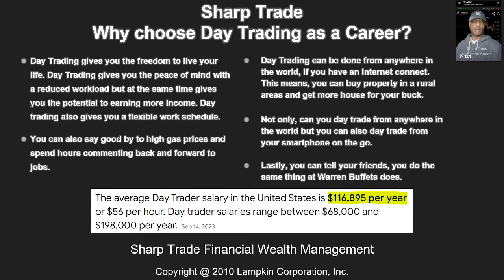Not only can you trade from anywhere in the world, but you could also trade from your smartphone or a tablet. I usually set up my trades on my PC, and then I'll just go about doing things. I'll look at it from my phone periodically to make sure it gets to where I want it, and then I'll sell it from my phone.